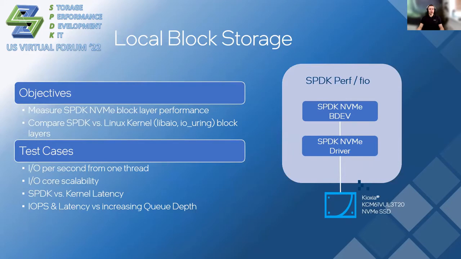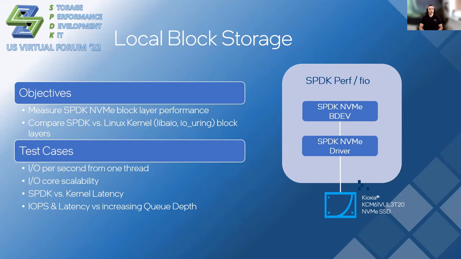Let's now take a look at SPDK's use cases and test scenarios in a bit more detail. And let's start with local block storage. For local block storage, we have 4 test cases, which are focused on measuring efficiency, scalability, and latency of the SPDK NVMe block layer.